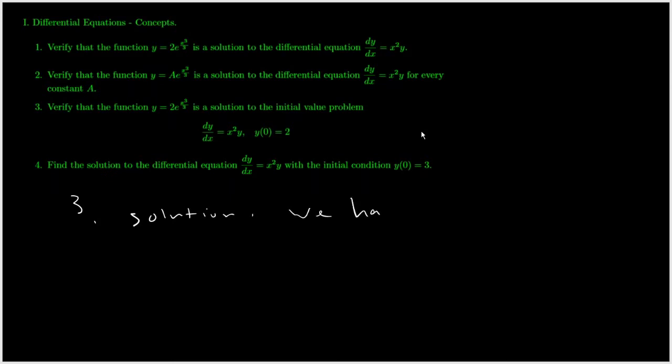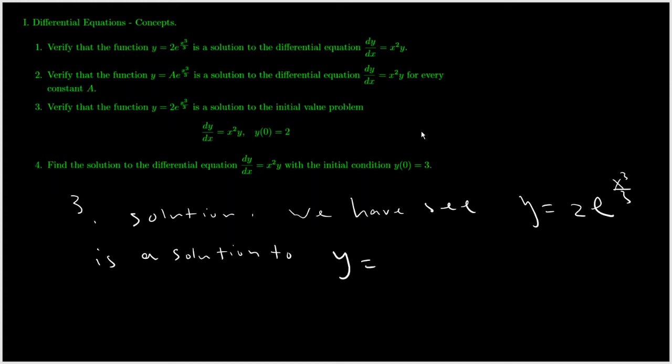we have seen the given function y equals 2 times e to the power of x cubed over 3 is indeed a solution to the differential equation dy over dx equals x squared times y.